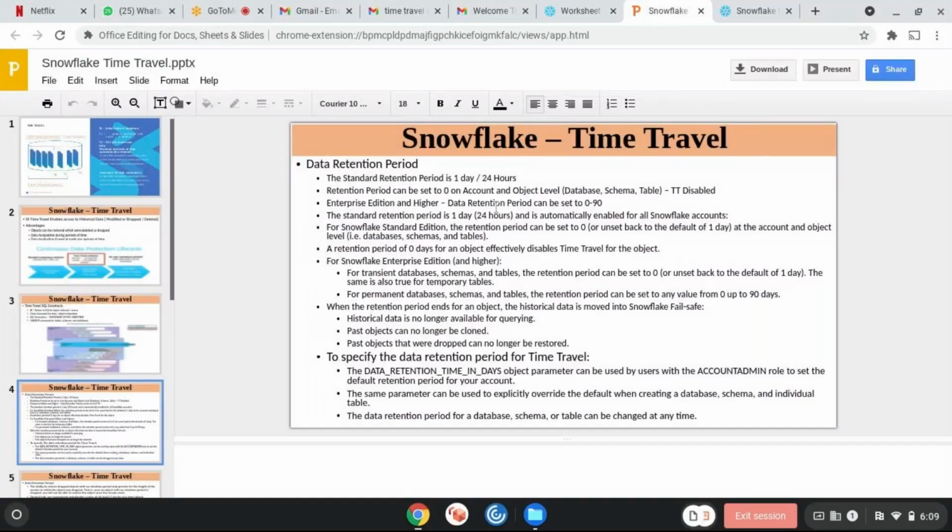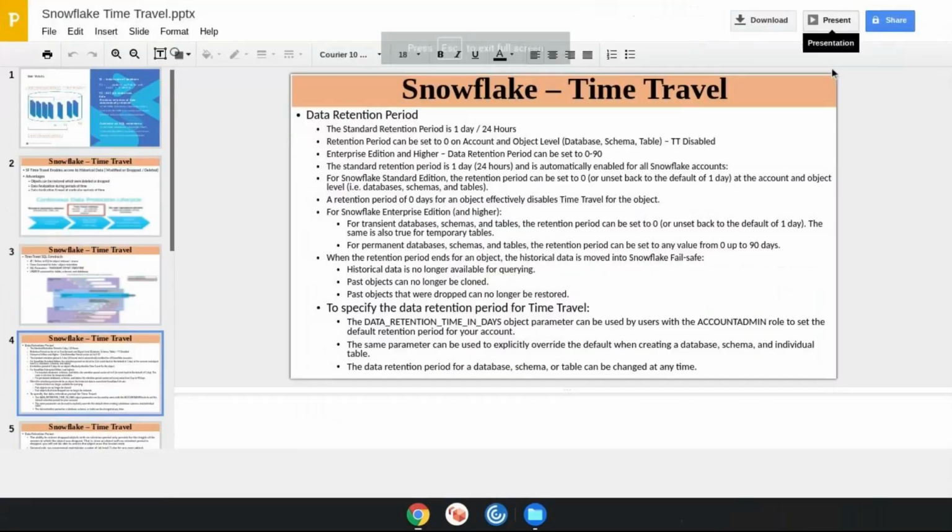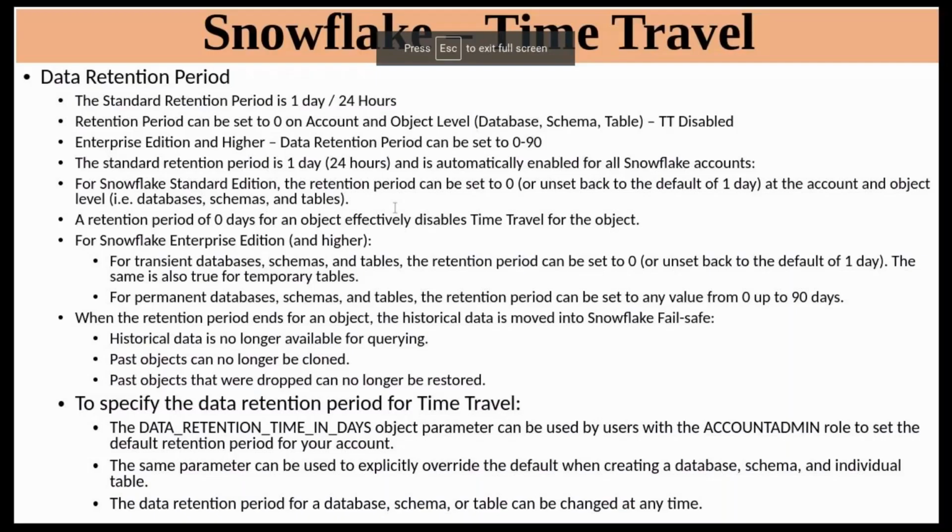So now there is another parameter called data retention time, data retention period. The standard retention period is 1 day or 24 hours. Retention period can be set to 0. If you don't want any time travel on a particular table or a schema or a database, you can set it to 0.